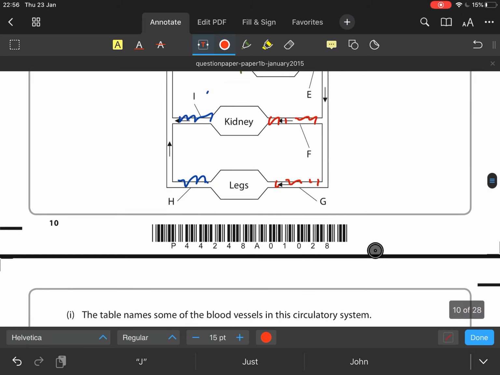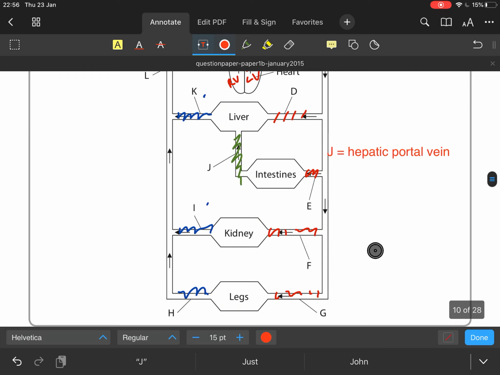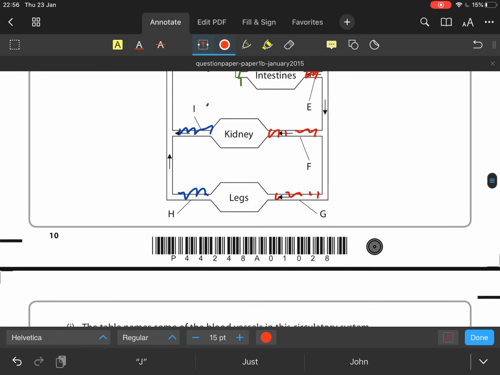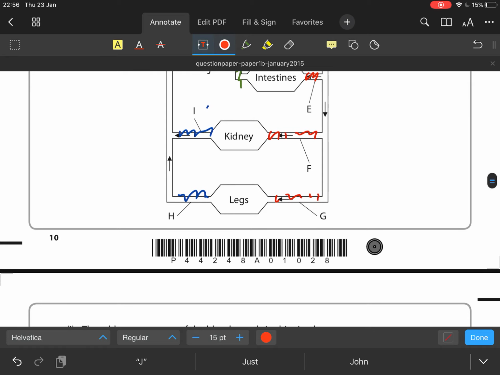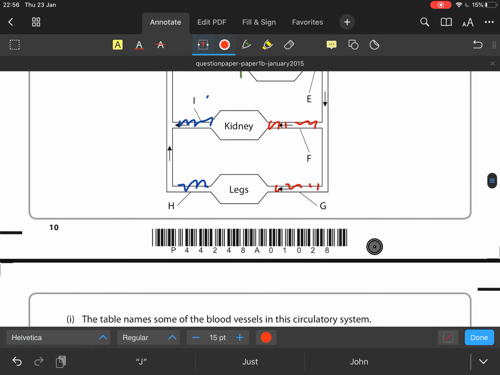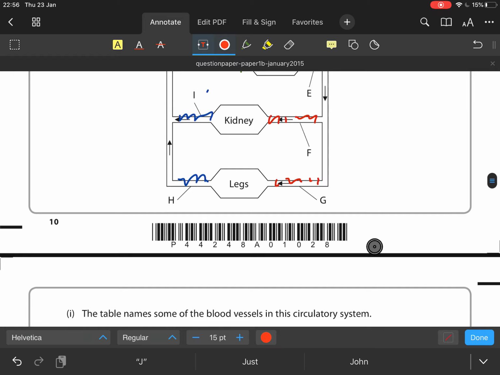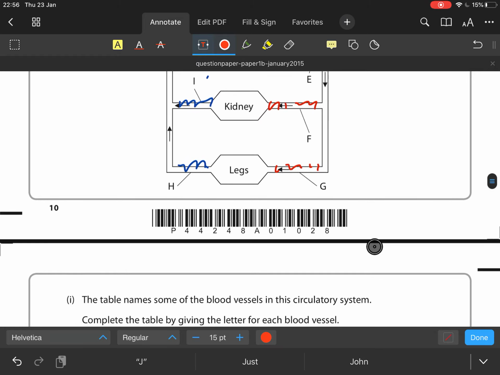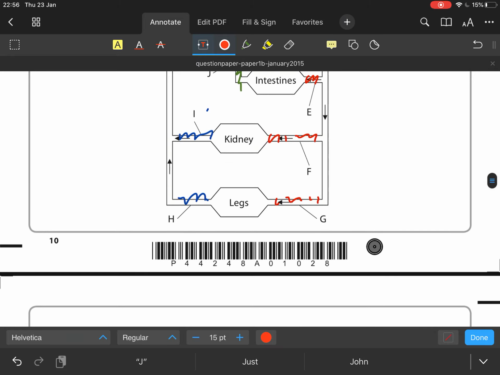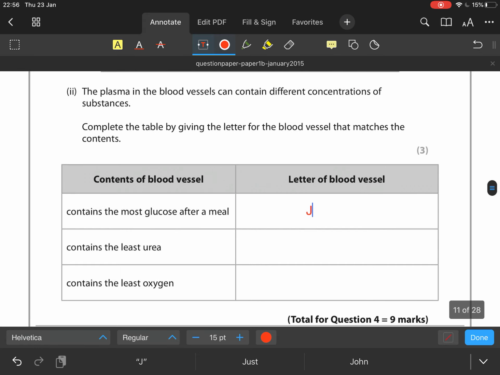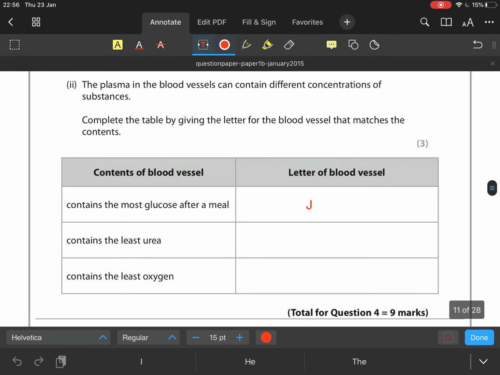The one that's going to contain the least urea: well, the organ that's responsible for filtering out urea is the kidney. The kidney's job is to take out urea along with other excess molecules from our bloodstream. So the vein coming away from the kidney, I, which we actually know is the renal vein, is definitely going to be the lowest in urea because it's just been freshly filtered.